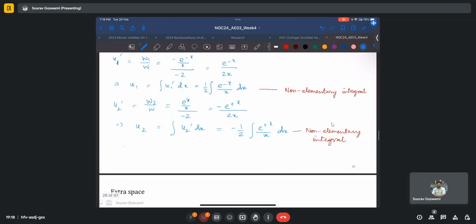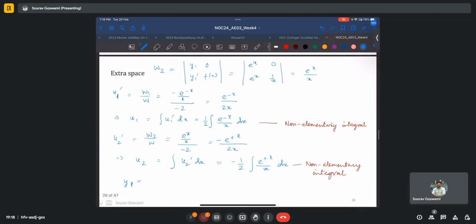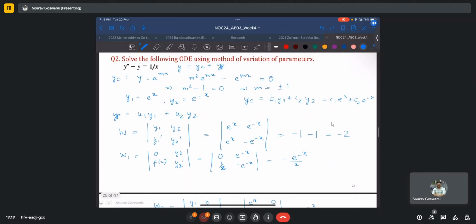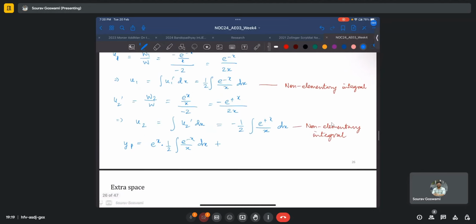So our particular solution is u1 y1 plus u2 y2. u1 is half integral e power minus x by x dx, so e power x times half integral e power minus x by x dx, plus u2 y2. y2 is e power minus x, so e power minus x by 2 integral e power x by x dx.